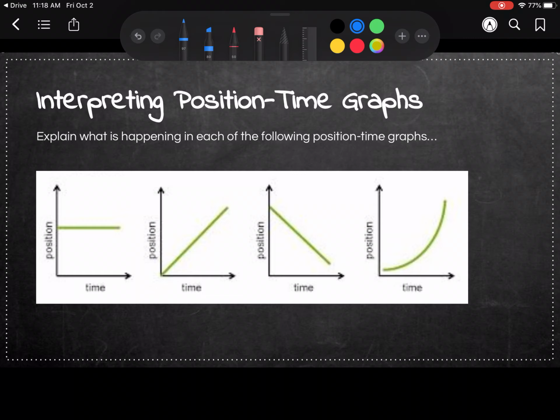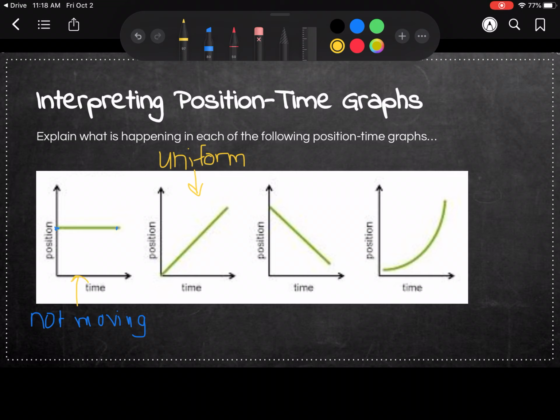So this person is not moving, because their position is not changing. They were at this position and they're still at this position over time. So they're not moving. The next one is definitely uniform motion. I'm just going to write it up here. So that one's uniform, this one not moving.